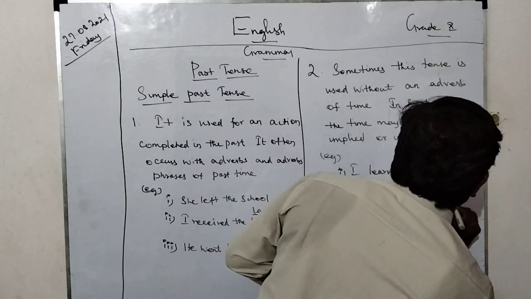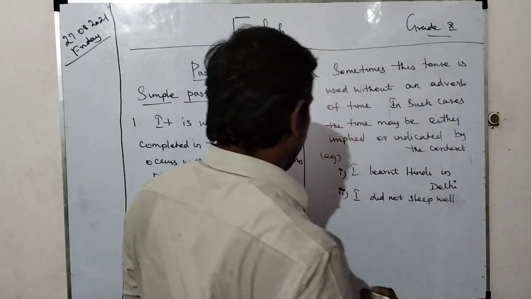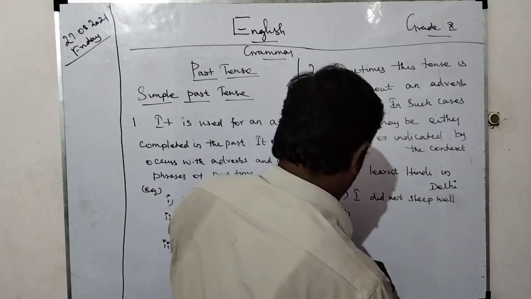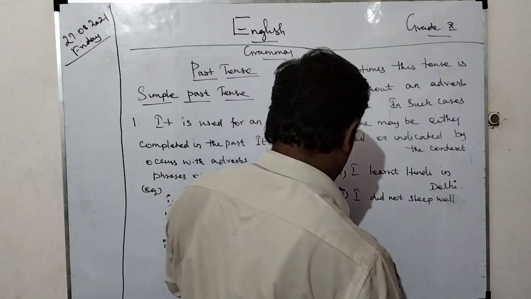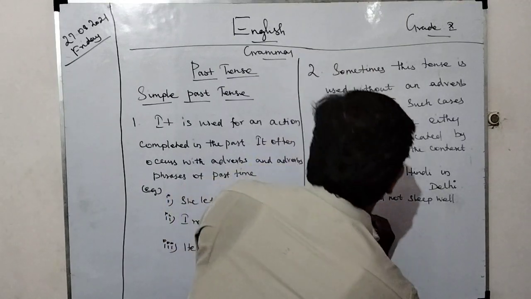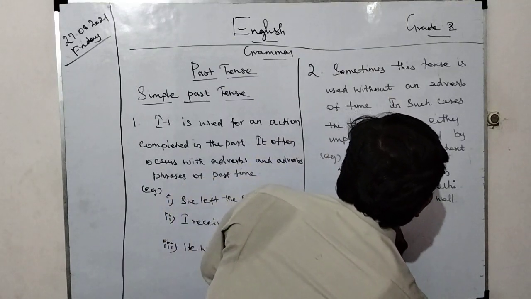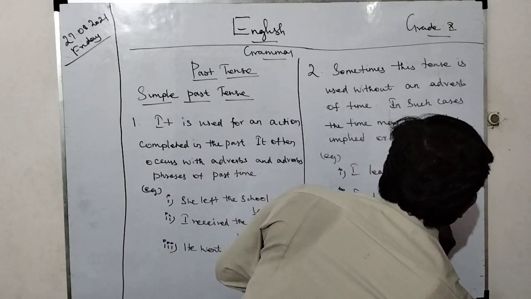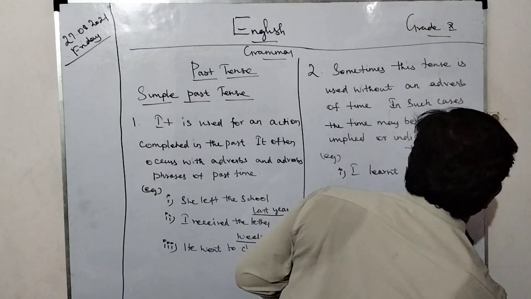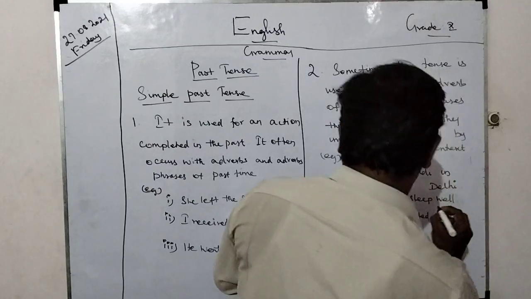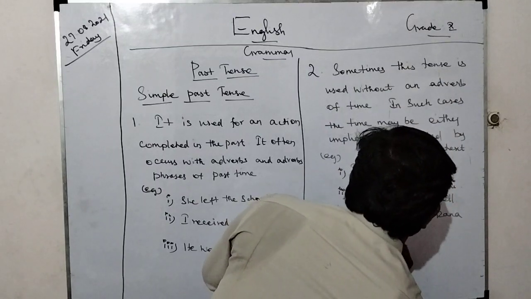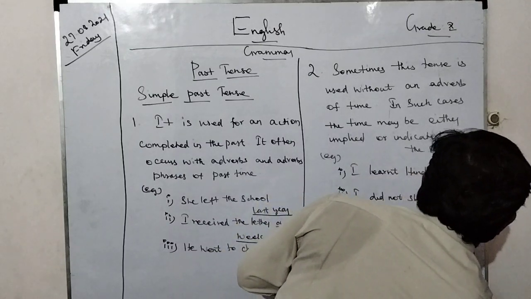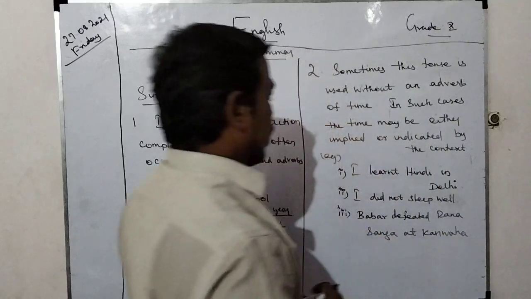The third one is, Babar defeated Rana Sanga at Kanwaha.